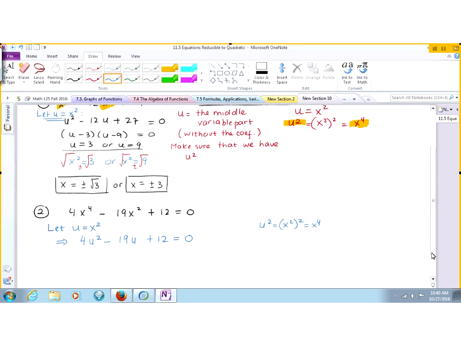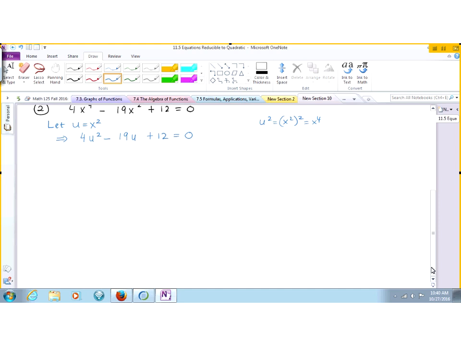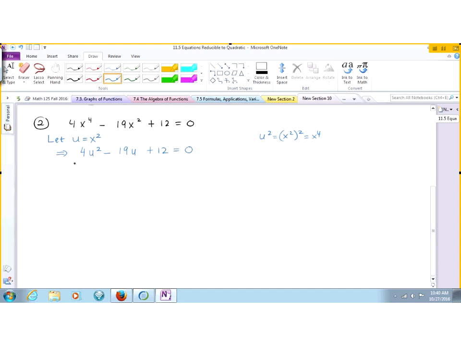Do you remember the AC method? Okay, so tell me what to do now if we're using the AC method. So 4u squared, divided by 4, equals 0. Yes. So the product must equal what?